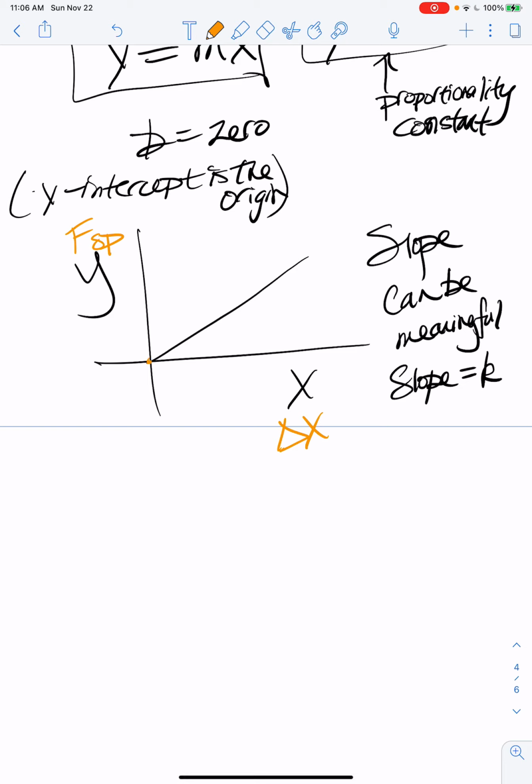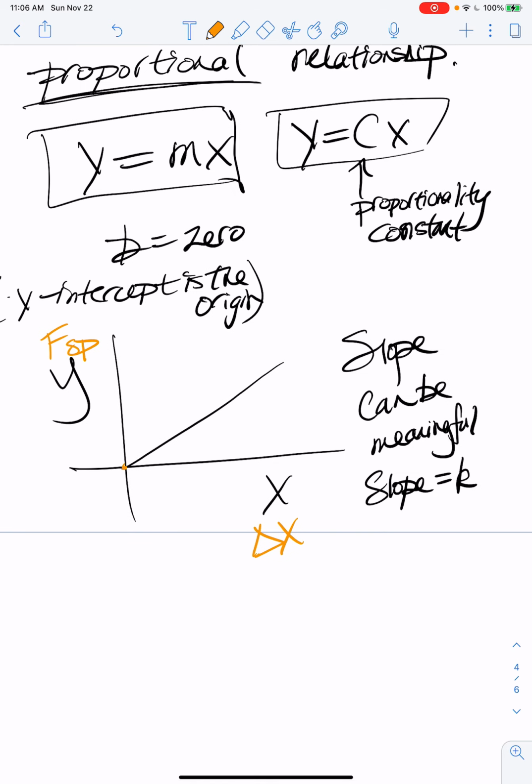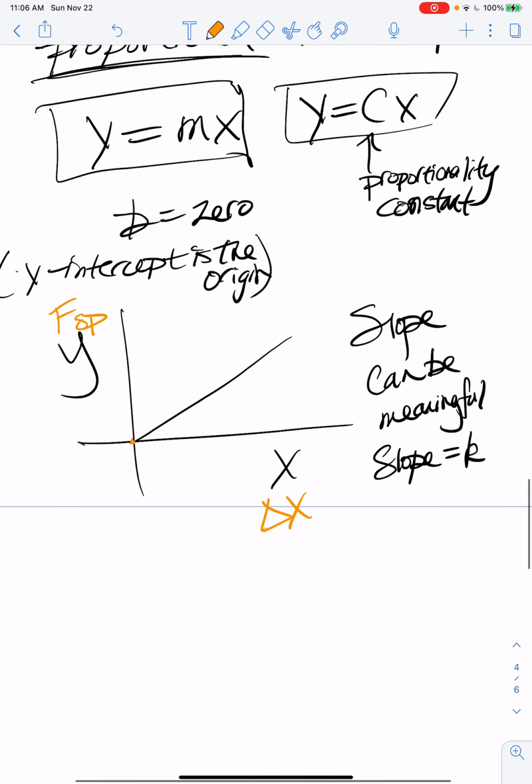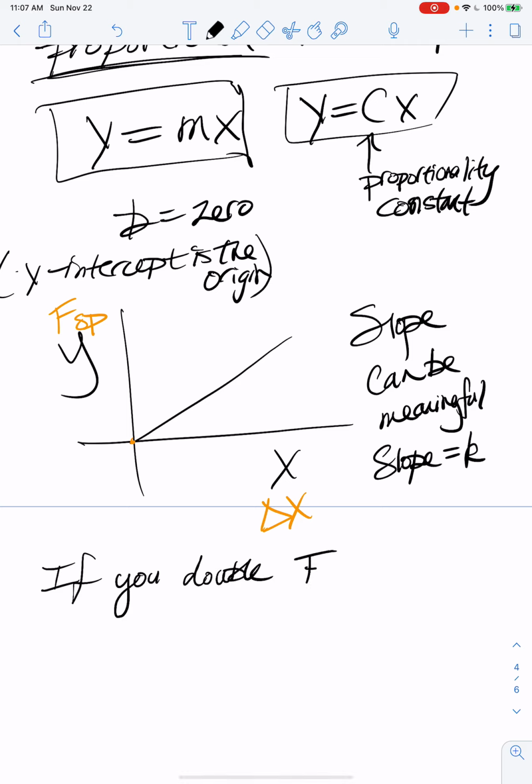All right. So long story short, the reason I'm bringing this up is that for a proportional relationship, if you double the force spring, then you double delta x, right?